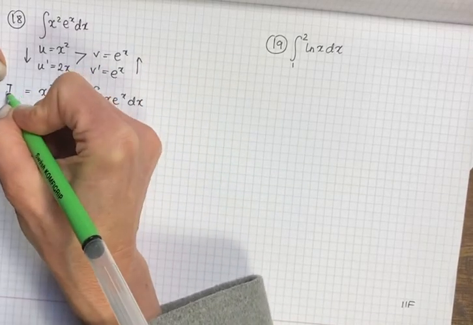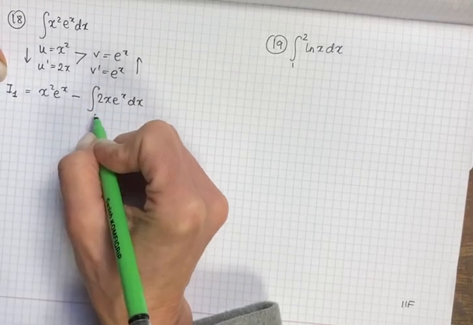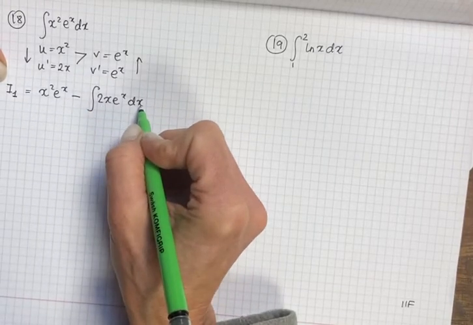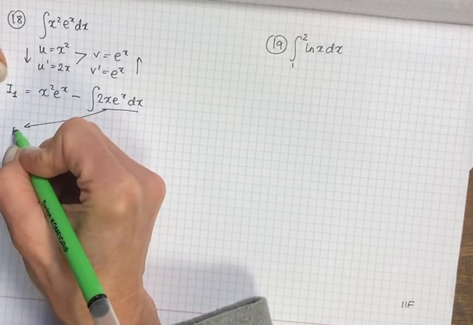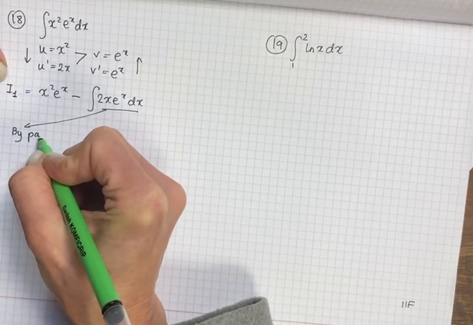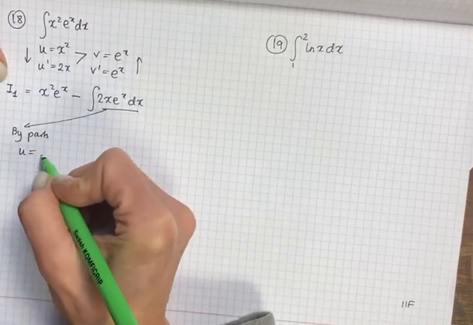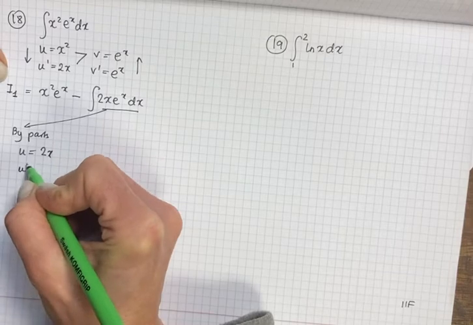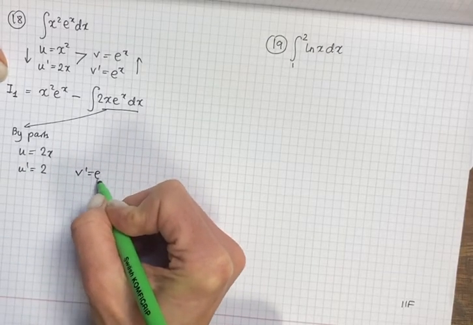So that's our integral. Let's call it integral 1. Okay, the reason I've called it integral 1, because actually I still cannot integrate this part. So I need to do by parts again. So we're going to set u as 2x. So u dash is 2. We're going to set v dash as e to the power of x.